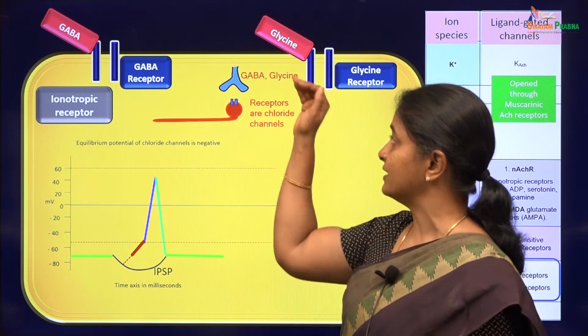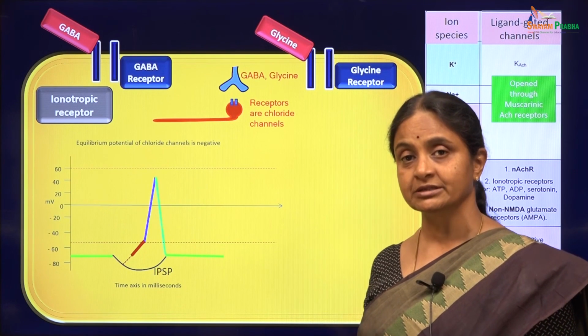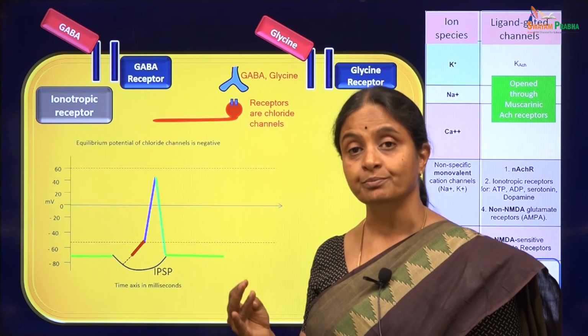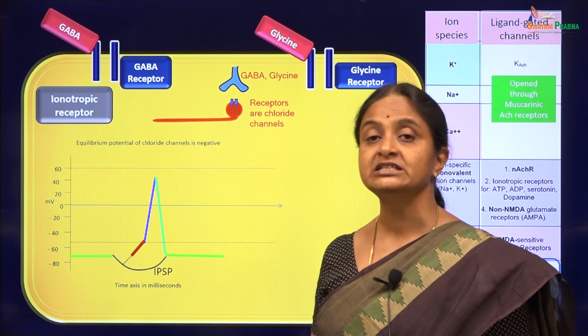In that sense, they are inhibitory neurotransmitters. GABA is the inhibitory neurotransmitter in the brain, gamma-aminobutyric acid, and glycine is the inhibitory neurotransmitter in the spinal cord.